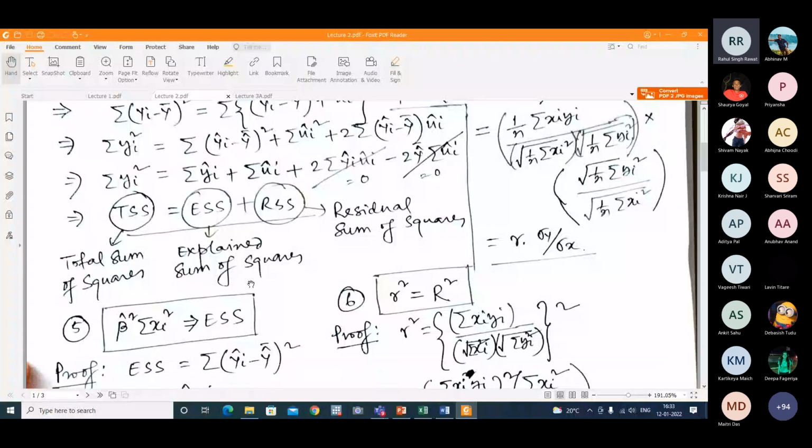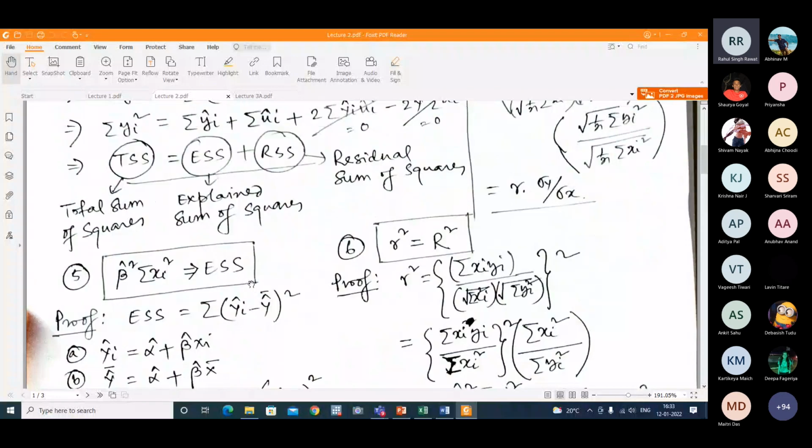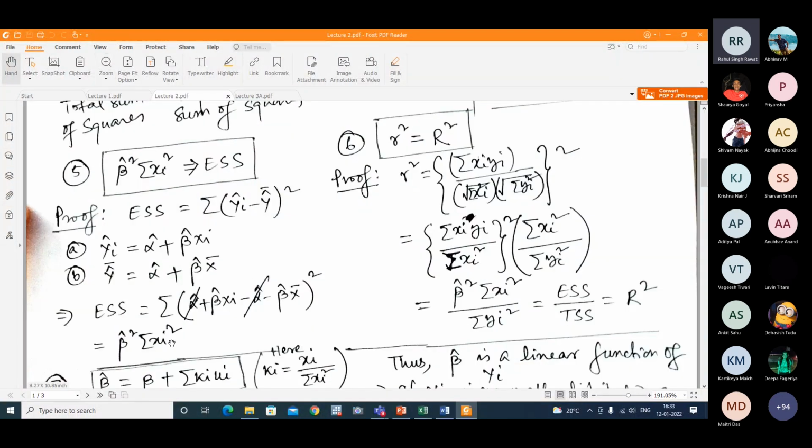Second, I also discussed this in today's class. Remember, while doing the work in the Excel, I was writing this, that ESS is equal to beta hat square into summation of small xi square.